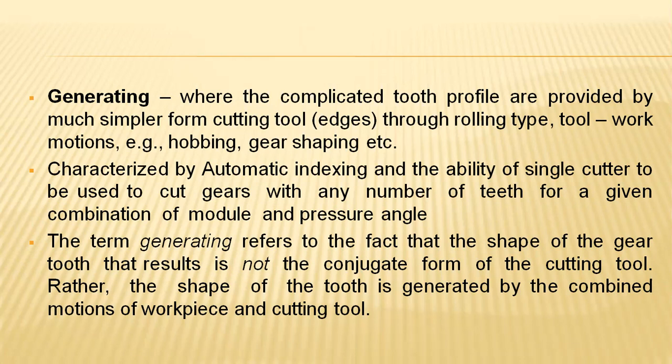These are processed by the edges of the cutting tool by a rolling process, or by tool-work motions over the work part, such as the hobbing process, gear shaping process, etc.